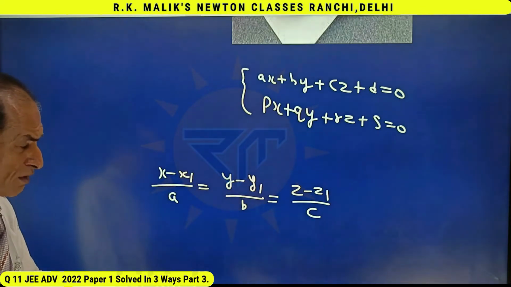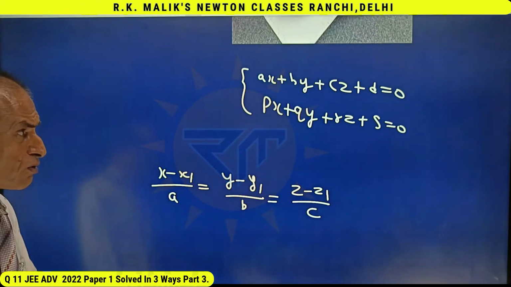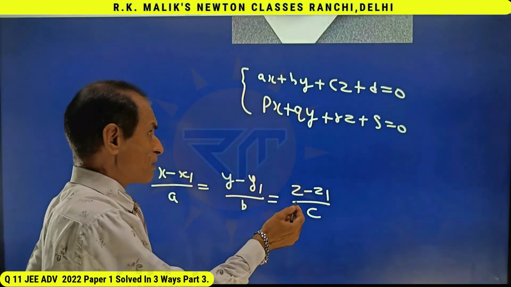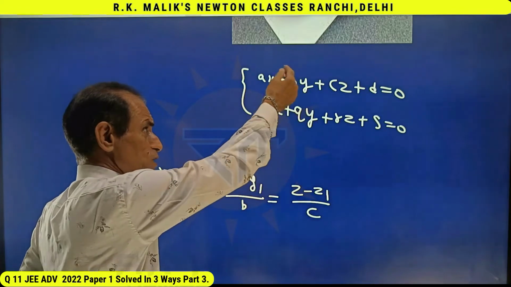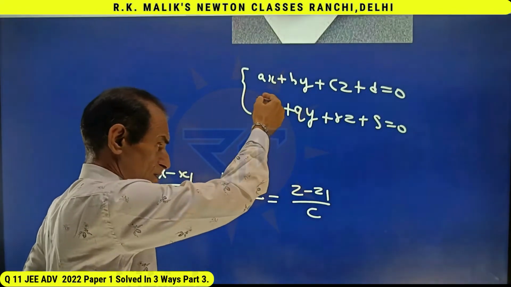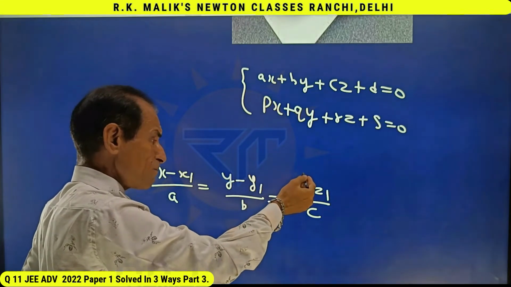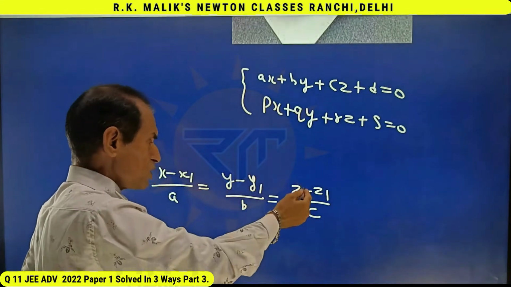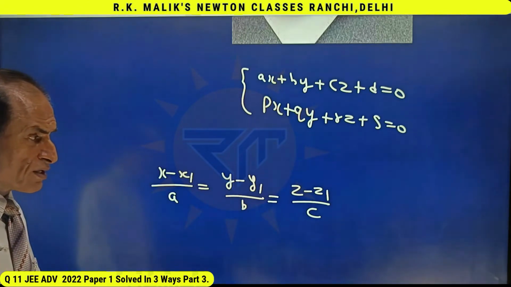But the better way in this case will be to find a plane which passes through the intersection of these two planes, that is, this plane plus lambda times this plane, and check whether there is any value of lambda for which this line lies in that plane.